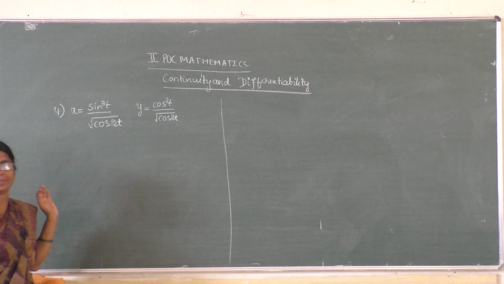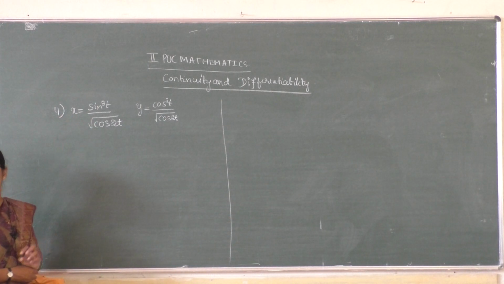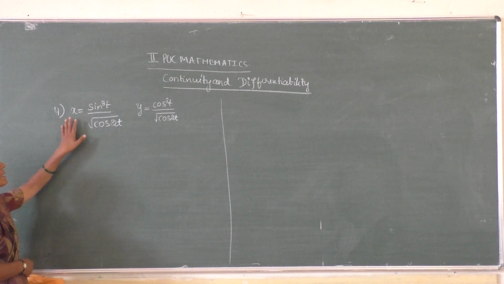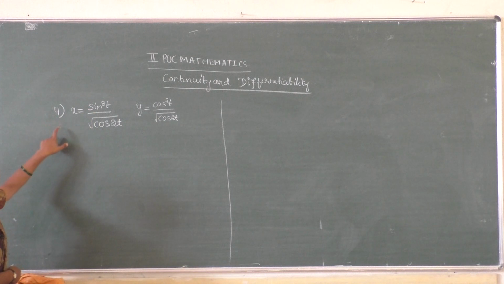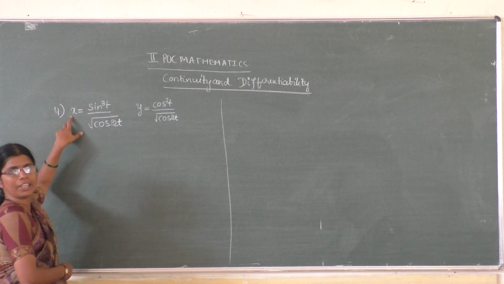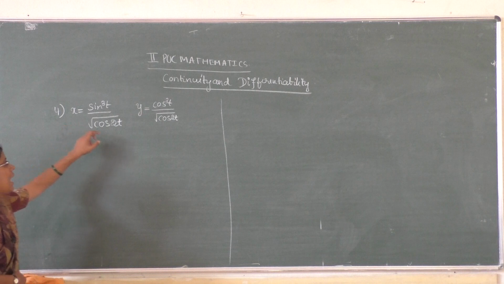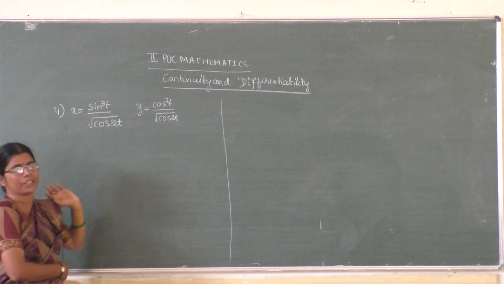Okay, here we have to find dy by dx, but it is given in terms of t, that is a parameter is t. So we have to first find derivative of x with respect to t and then derivative of y with respect to t.